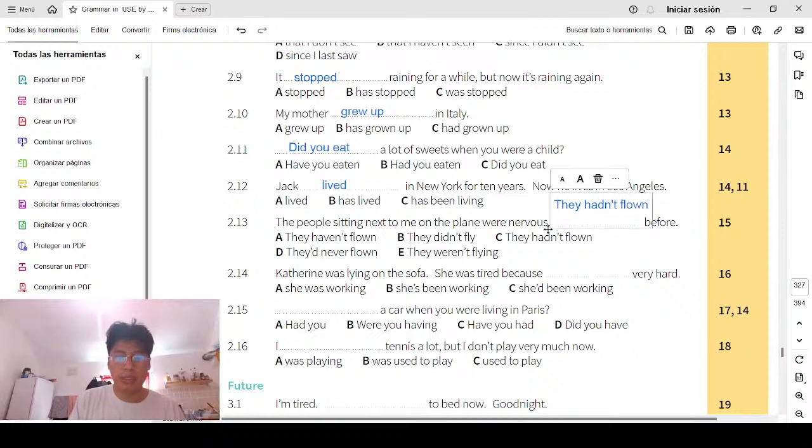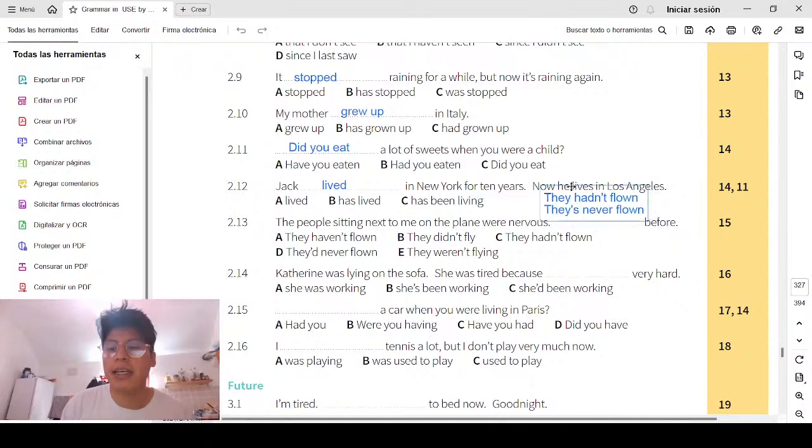And another one is they never flew. Why is they hadn't flown and they never flew wrong?